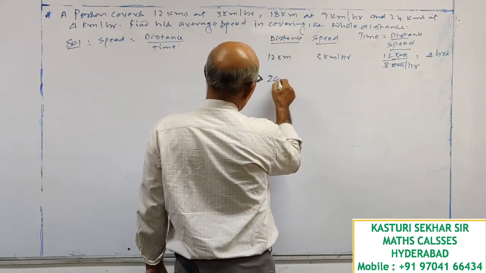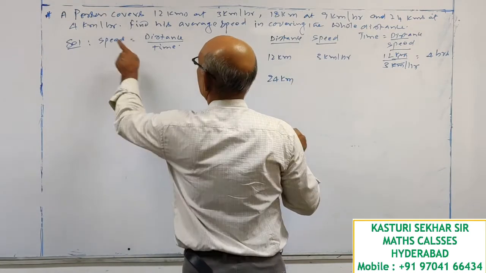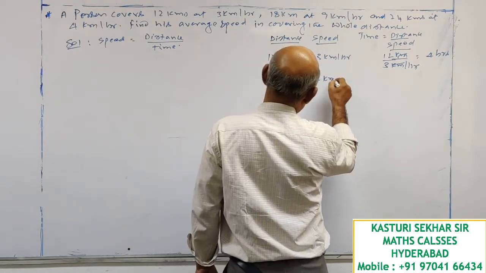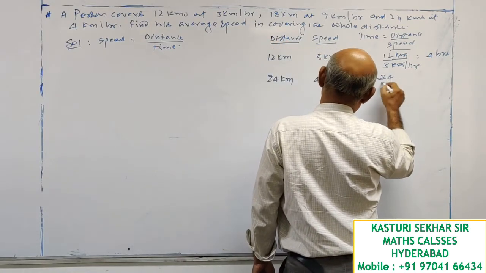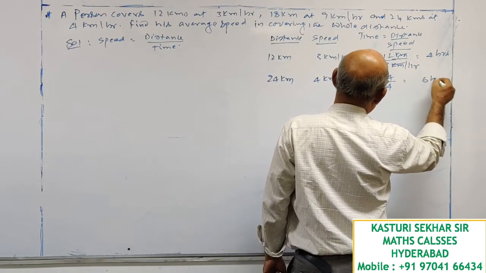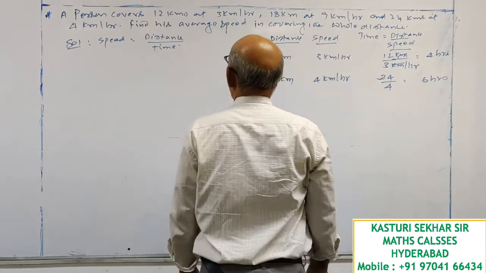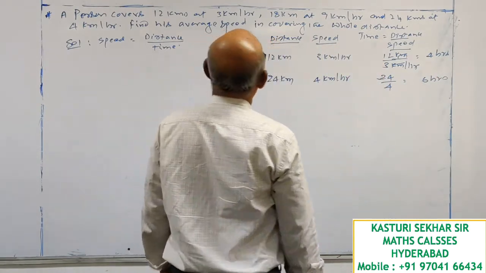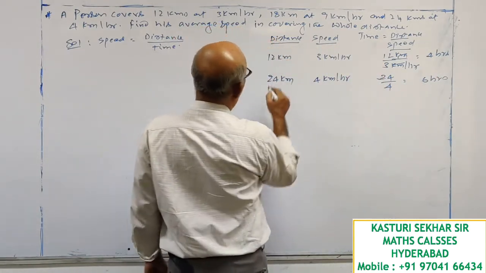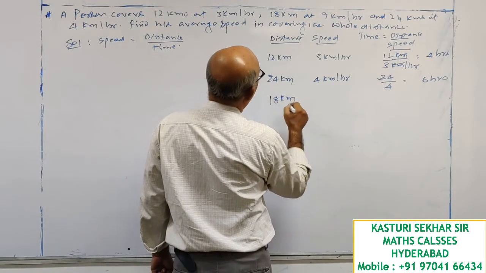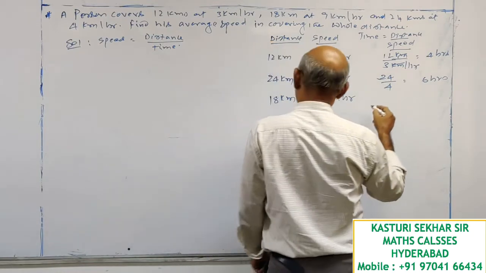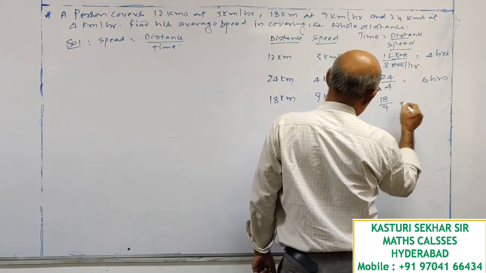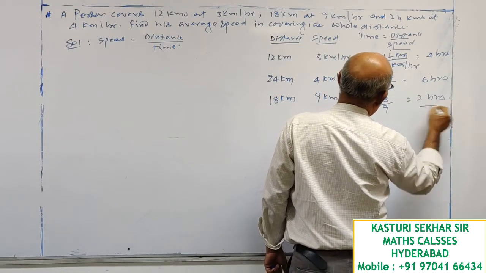Second one is 24 kilometers at 4 kilometers per hour: 24 divided by 4, 6 hours. There is one more, 18 kilometers at 9 kilometers per hour: 18 divided by 9, 2 hours.